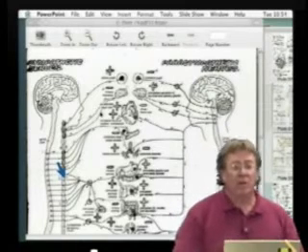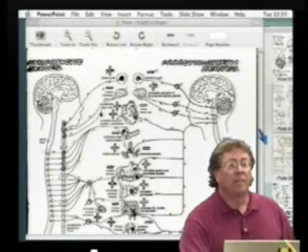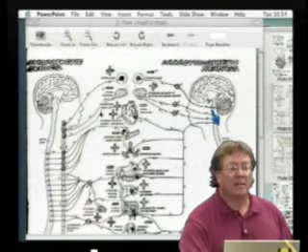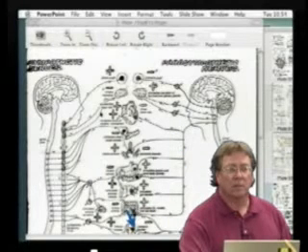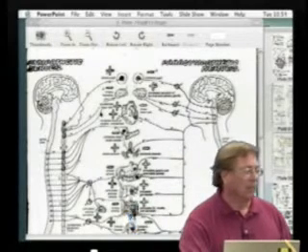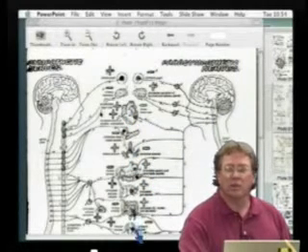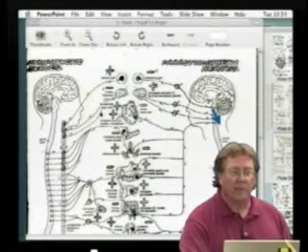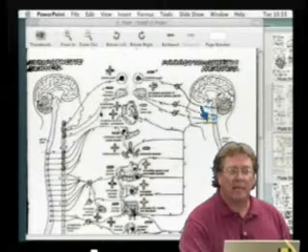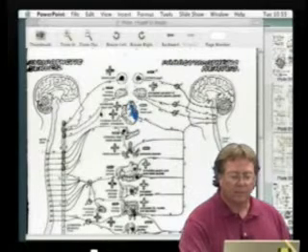Contrast that with the parasympathetic system. The parasympathetic nervous system has long preganglionic cells. In fact, in most instances, the ganglia are located in the tissue of interest. So, for example, here is a preganglionic parasympathetic that goes out to the heart, innervates the heart.